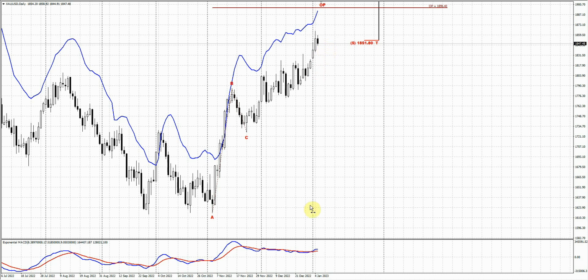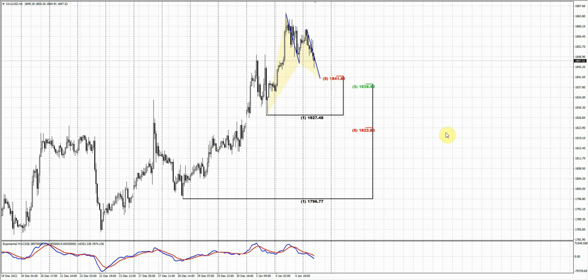From that standpoint, if you take a look at the hourly chart, the market is totally completing our suggestion from recently. We said keep an eye on two levels, 1840 and 1850. These two levels should hold the downside retracement, and that in turn will keep the bullish context valid.